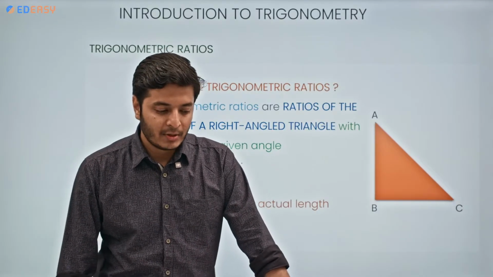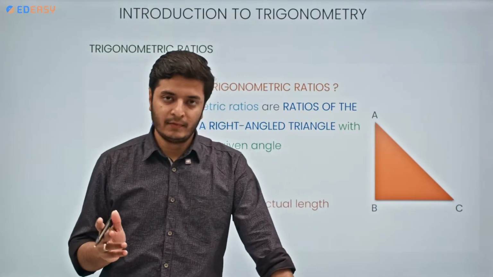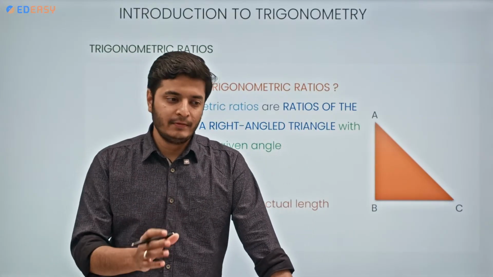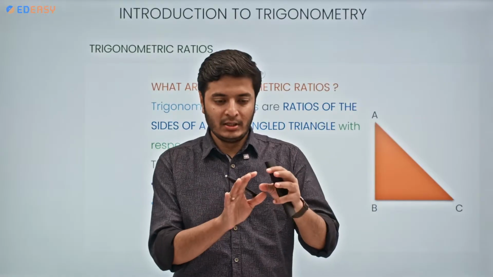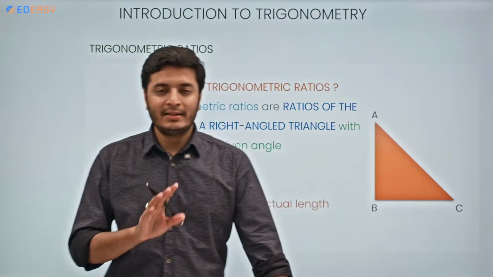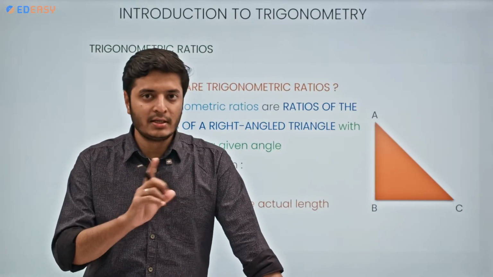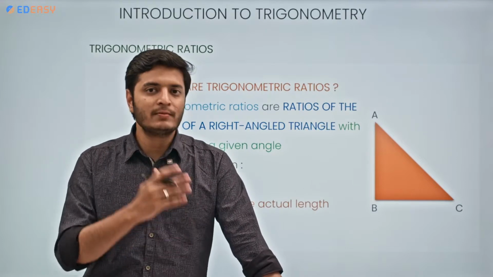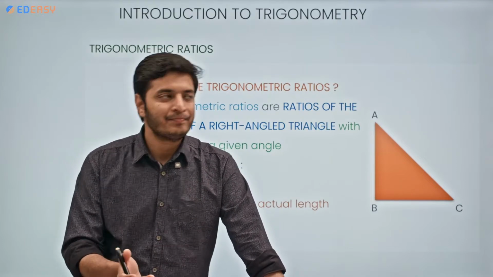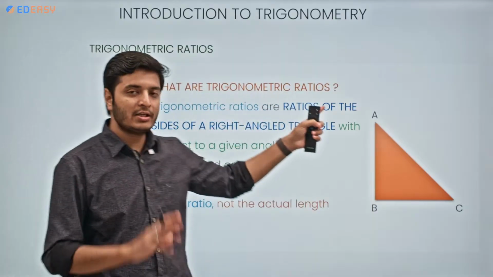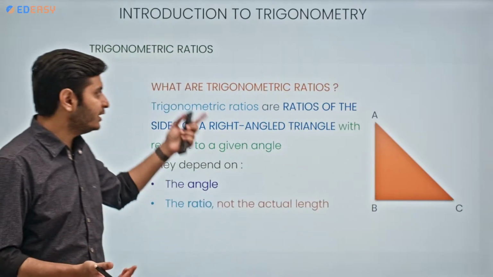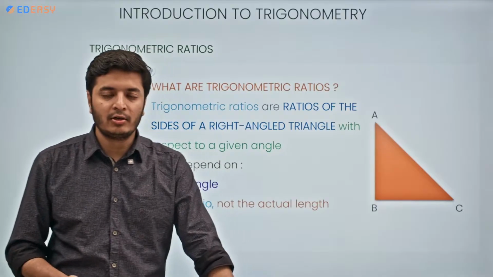Why ratio? Because ratios can be simplified further, correct? Even if we are enlarging a triangle in the same proportion, the value of the side lengths is going to change, but the ratio of the sides will never change, correct? So that's why we are using the term ratios here. Otherwise, it would have been trigonometric lengths or trigonometric sides.